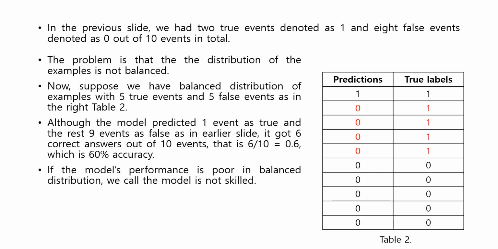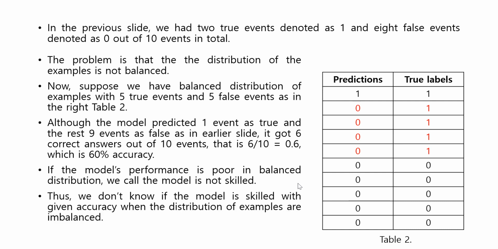So even though the prediction is the same as in the earlier slide, when the distribution of examples gets balanced, the model's performance becomes poor. Thus we don't know if the model is skilled with a given accuracy when the distribution of examples is imbalanced.